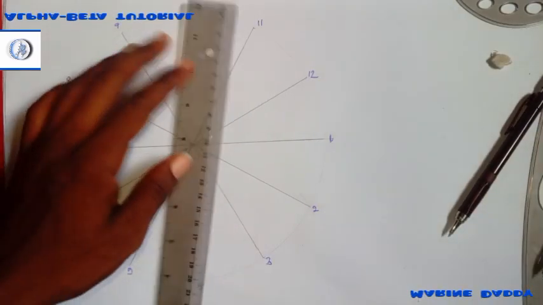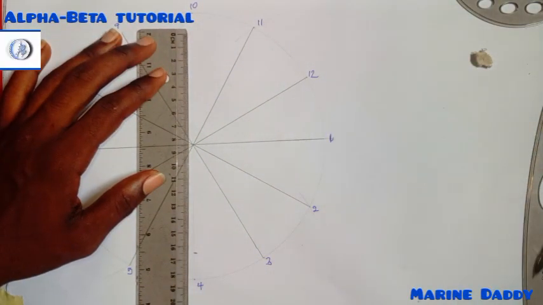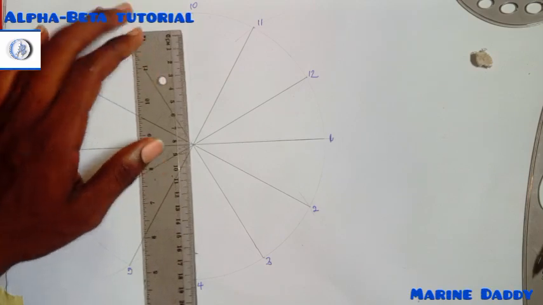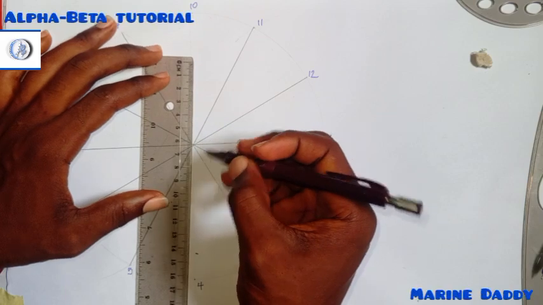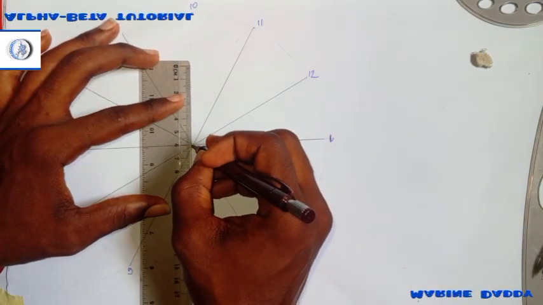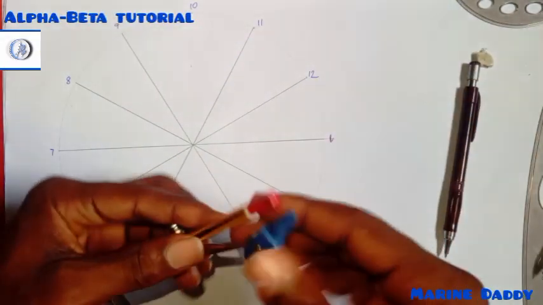I will try to construct my smaller circle. Remember, they gave us major axis and minor axis. For circular method, the major axis and minor axis become major circle and minor circle. And the other one, they said the circle is of 6 radius. So I'm measuring 6. So repeat the same process.